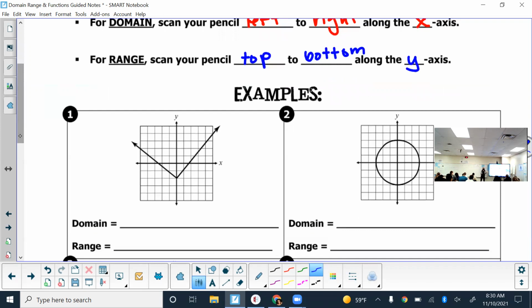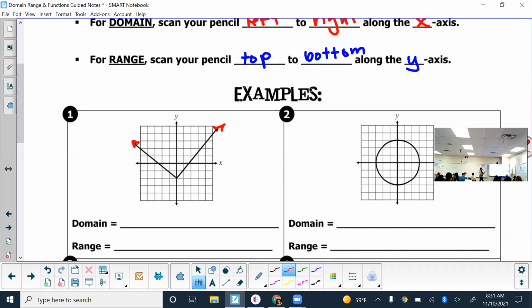Like in example 1, we'll start with the domain. Scan your pencil left to right. Going to the left, does the graph go on infinitely? What do these little arrows mean? That it goes on forever. So it goes on infinitely to the left and infinitely to the right.